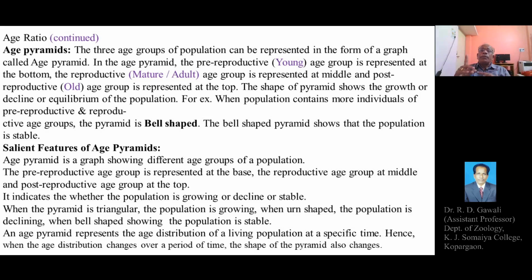So the shape of the pyramid shows either growth, a decline, that is a decrease, or equilibrium, a stable number of the population.